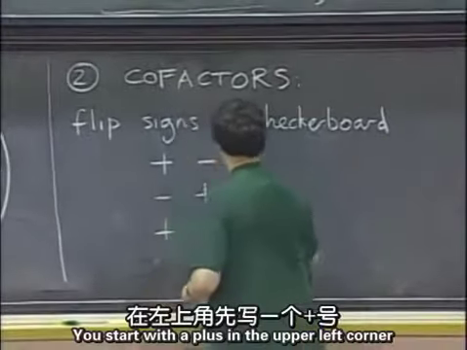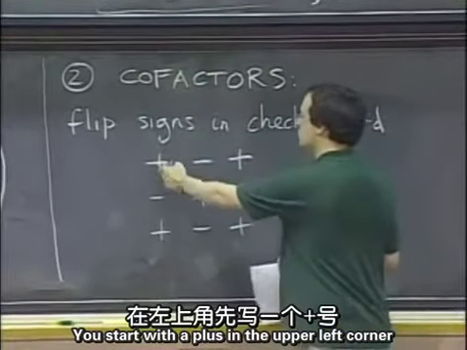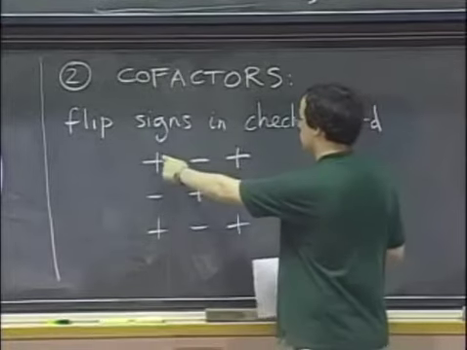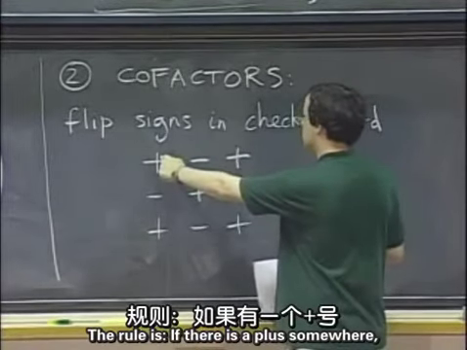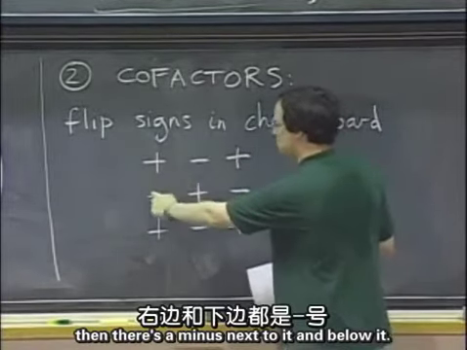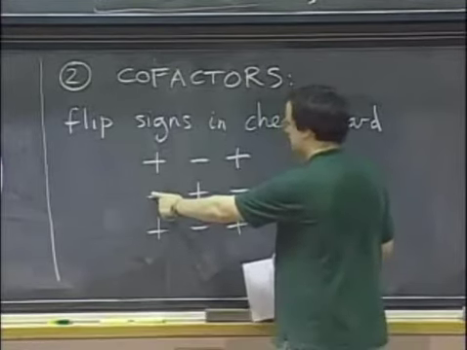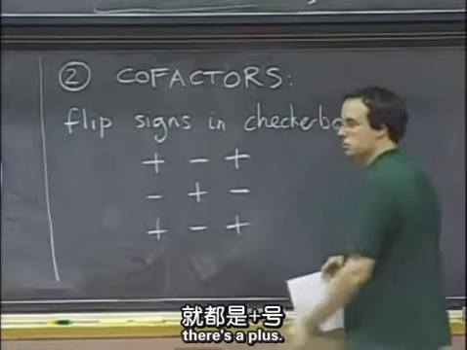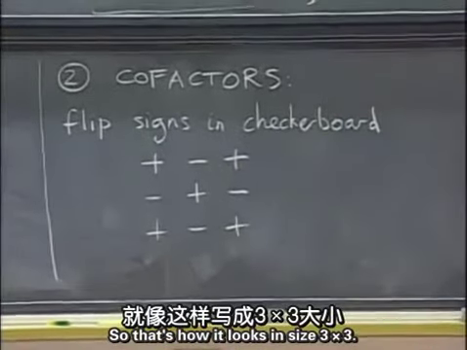You start with a plus in the upper left corner, and you alternate pluses and minuses. If there's a plus somewhere, then there's a minus next to it and below it. And below a minus or to the right of a minus, there's a plus. That's what it looks like in size 3 by 3.